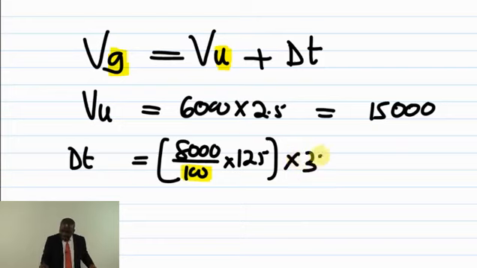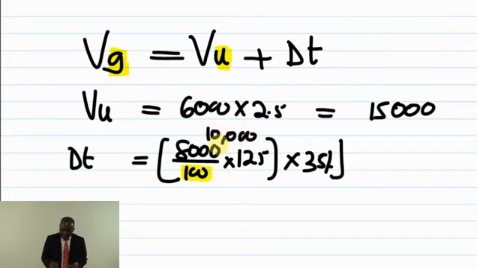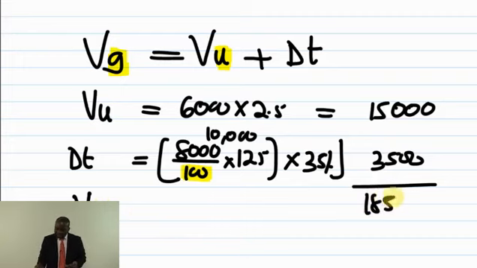They said the tax rate is 35%. So 8,000 times 1.25 gives me 10,000, times 0.35, that is 3,500. When I sum that up, it gives me the VG, and that is 18,500.